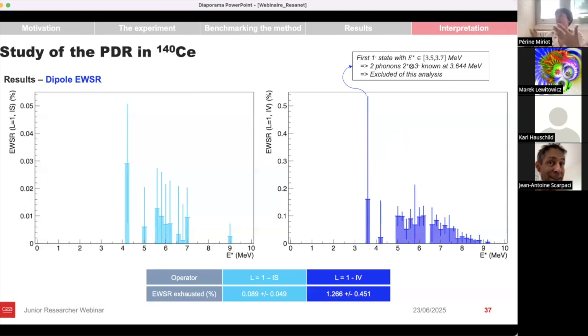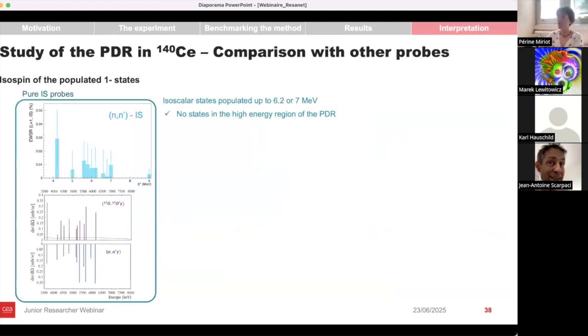And so now, as I said at the beginning, we can compare those results with previous results using other probes. First, we can have a look at the isoscalar component of the PDR energy region. You have here the results of this work, which are compared with the two isoscalar probes, alpha particle and oxygen-17.